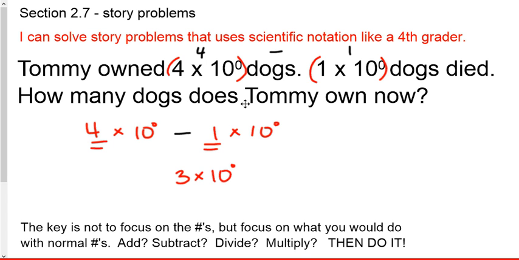So how many dogs does Tommy own now? Tommy has 3 times 10 to the 0 dogs. Or since it says owns, we could say Tommy owns. So that's fine.